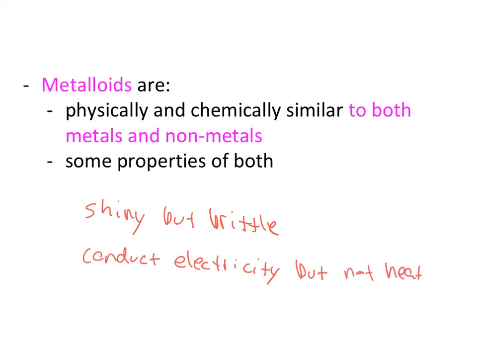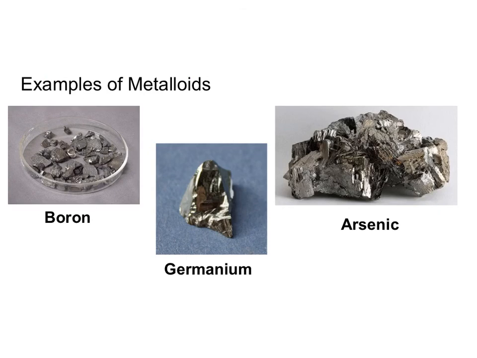So they have some properties of metals and some properties of nonmetals, but really not a complete set of either. Typically our metalloids are going to look kind of like this. Here's boron, germanium, arsenic. These are all examples of our metalloids.